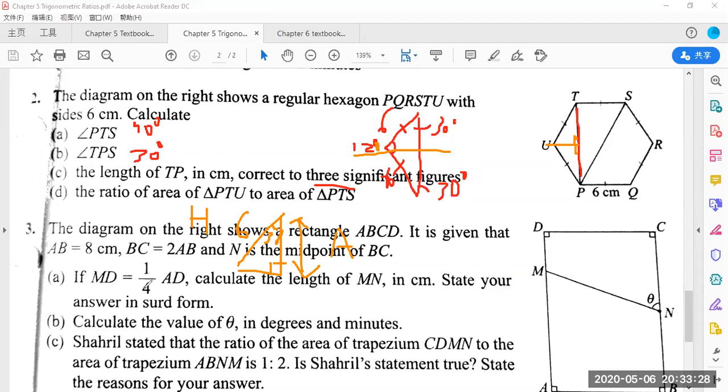So we use cosine 30 degree. Here is 30 degree. Cosine 30 degree equal to A divided by H. H is 6. So finally we can get the A, so 6 multiplied by cos 30 degree.